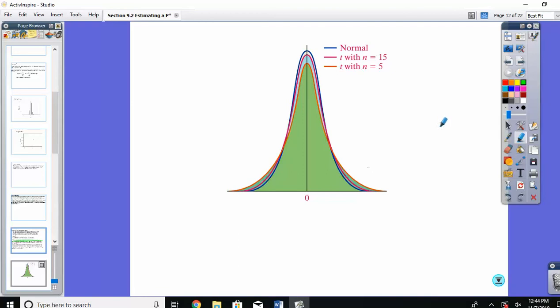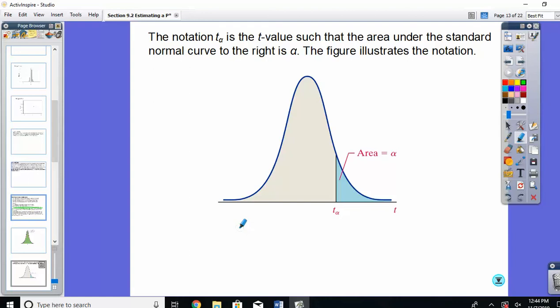Next sheet of paper, this is what I will be expecting you to do. With the normal, we had the Z alpha notation, same thing now with the T's. When I talk about the T alpha, alpha is the area to the right. Just remember that. The normal table always gives you area to the left.